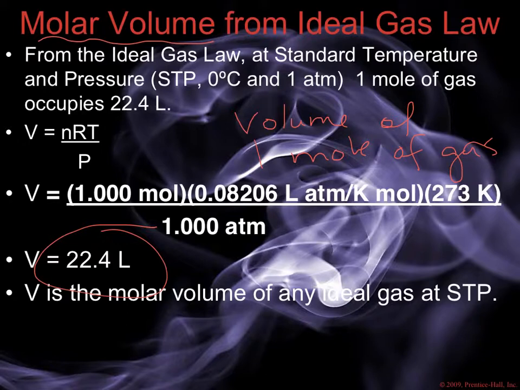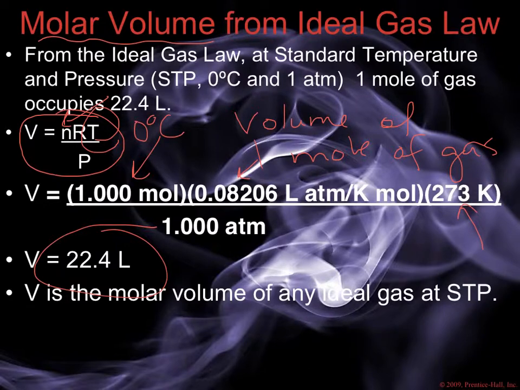ideal gas law and you rearrange it so that volume is on one side by itself, and you plug in all of the standard conditions that we've learned for gases, and so that would be 1 mole. Our value doesn't change. Standard conditions for a gas are 0 degrees Celsius, which is 273 Kelvin.